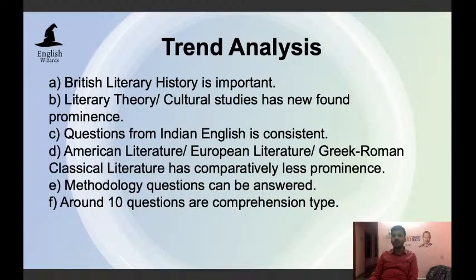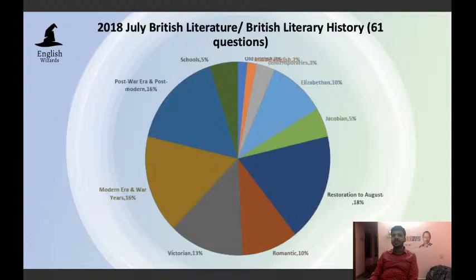Now we go into history of English literature, because that is one prominent section. We'll break that into sections. If you look at the first slide, that is June 2018, right? July 2018. If you look at that particular slide, you will see that one section that has huge prominence is the modern era, the interwar era, and then the post-war era.